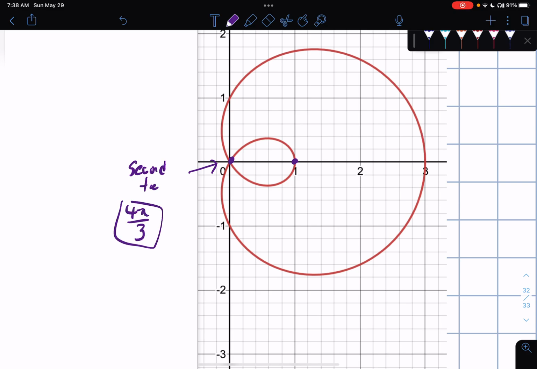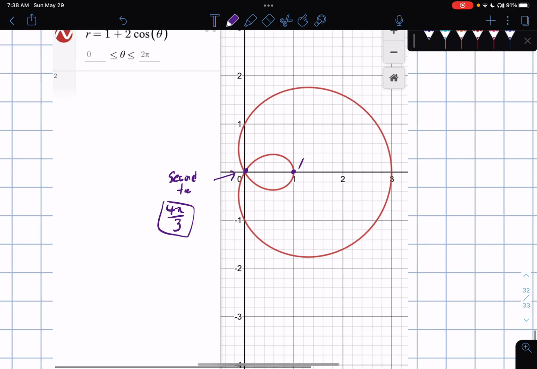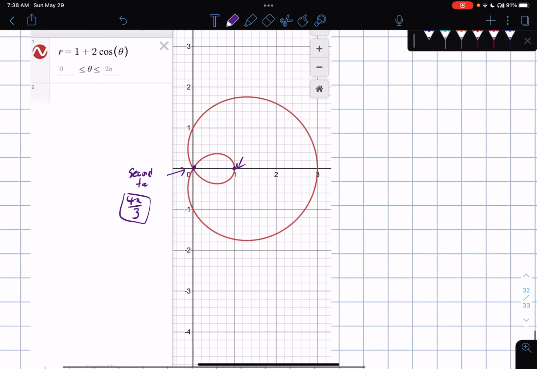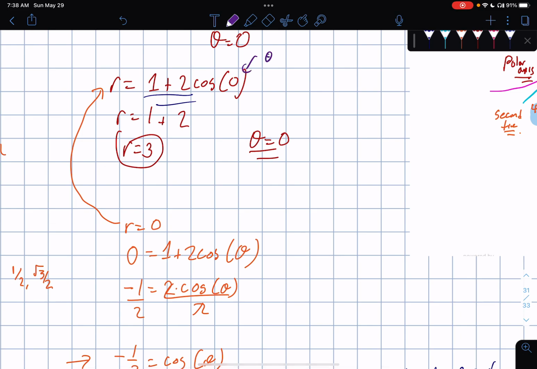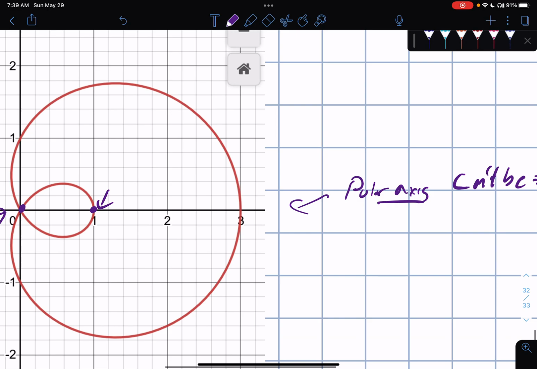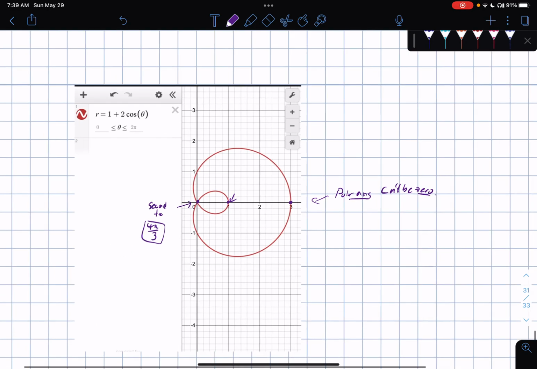We calculated that. And so what's this angle? Notice that this angle is on the polar axis, and it can't be 0. Why can't it be 0? We already proved that when we substitute theta equals 0, our r should be 3. So our r is here.